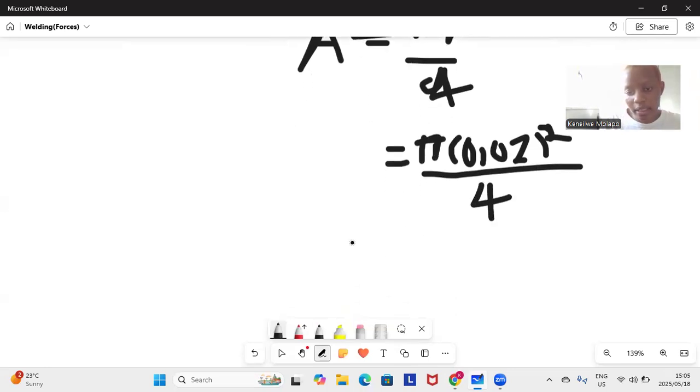Then to find the area, your area equals pi times 0.02 squared over 4. Then you get your answer.